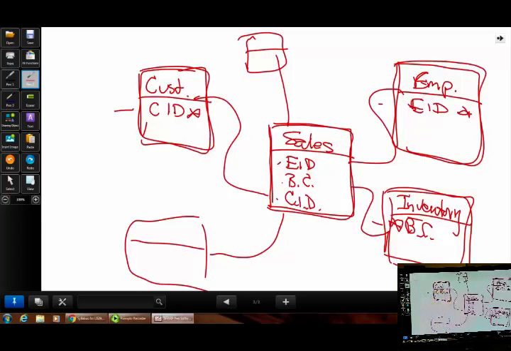So the reason why we normalize stuff is to eliminate modification anomalies. But if you make it completely dynamic and completely normalized to Boyce Codd normal form, then I get modification anomalies the other way. You see that? The price goes up, and then all of a sudden it makes it look like I made more money, and I didn't make that money.